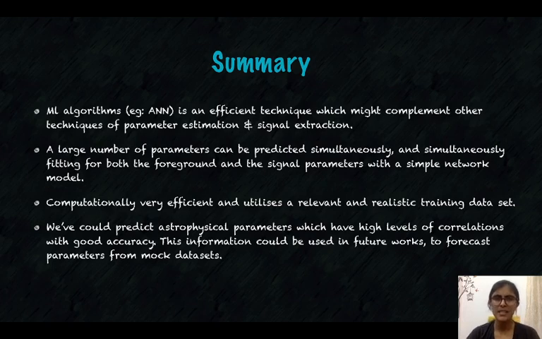We could predict astrophysical parameters which have high levels of correlation with quite good accuracy, but we might achieve better accuracy by implementing more robust techniques. This information could be used in future works to forecast parameters from mock data sets as well.